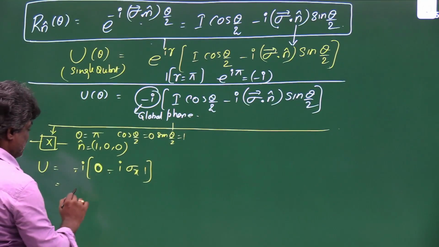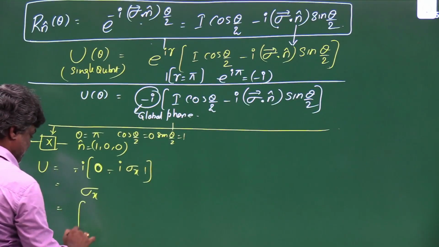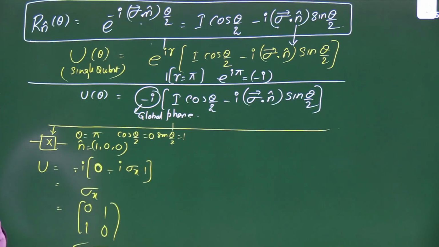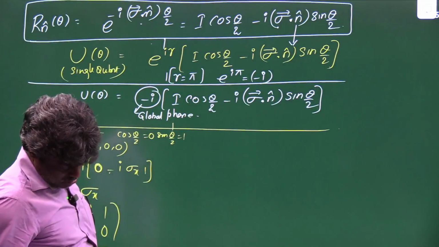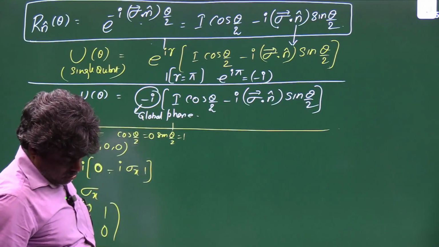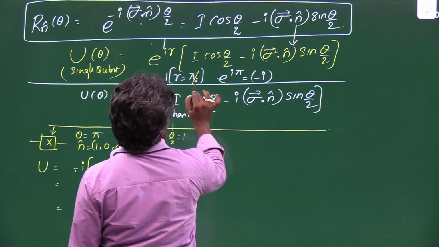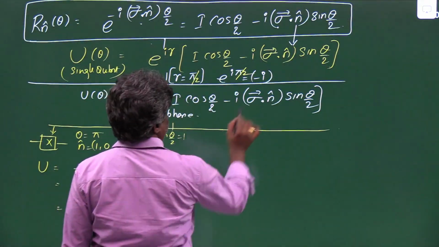Oh, what is this, sir, a minus is coming, sigma x should come. No, no, sorry. Gamma equal to pi by 2. Not so, I'm sorry, wait.